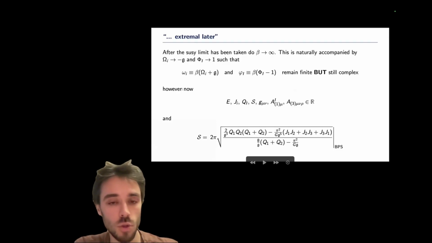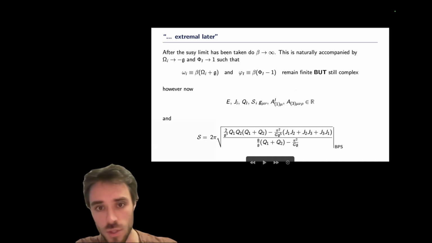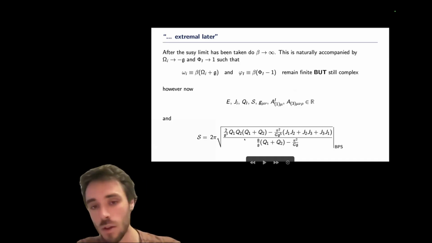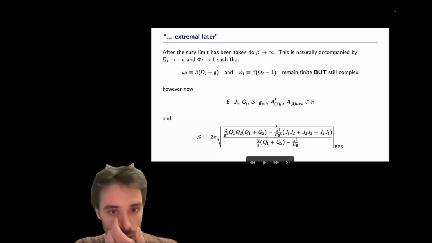However, what you physically would measure, entropy, angular momentum, charge, and also, though you will not physically measure this, the components of the metric and the gauge field, everything becomes real, including the entropy. Okay. Entropy becomes a famous expression that you see in black hole literature.